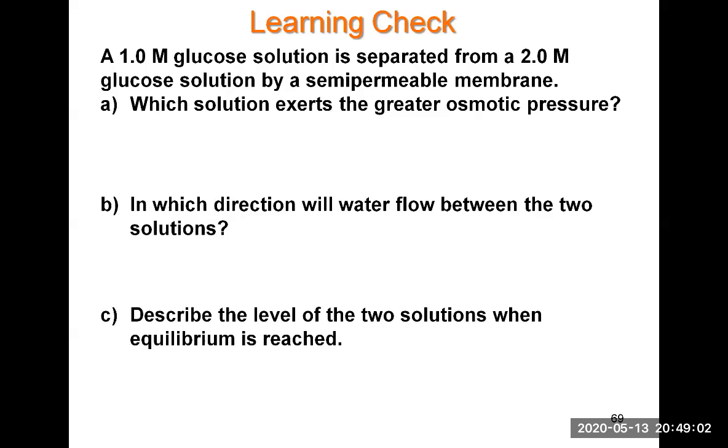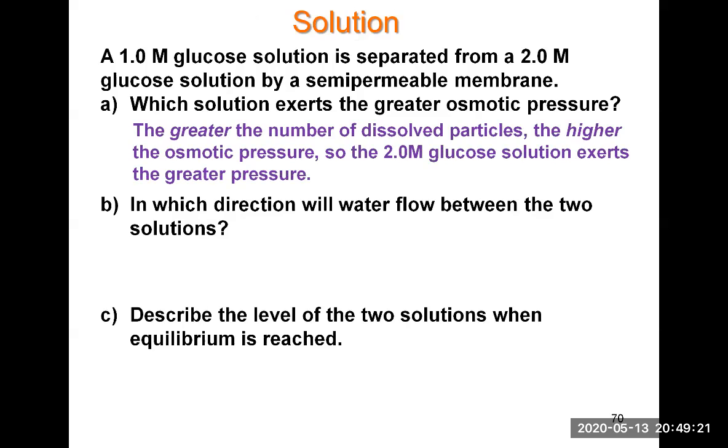So here it's easy to compare and see that the 2 molar glucose solution is more concentrated than the 1 molar glucose solution. So if you have more particles in the 2 molar solution, then it will be exerting the greater osmotic pressure because it has more dissolved particles per unit of volume.